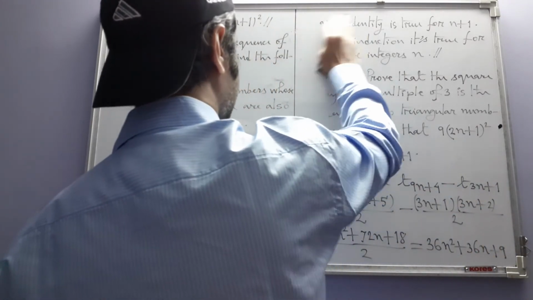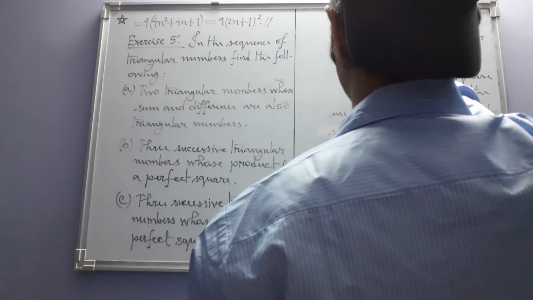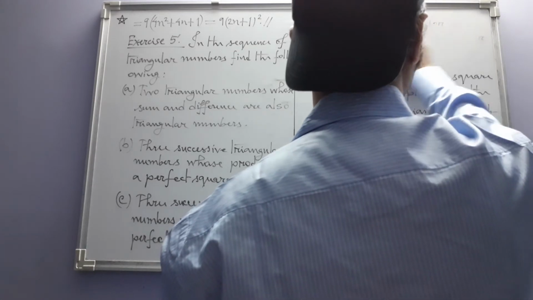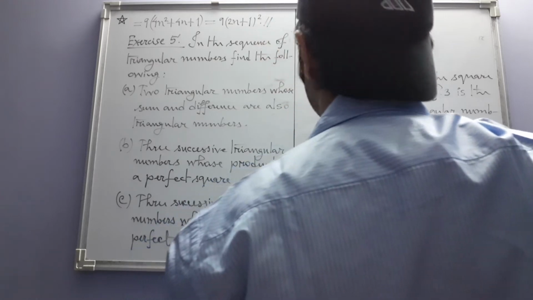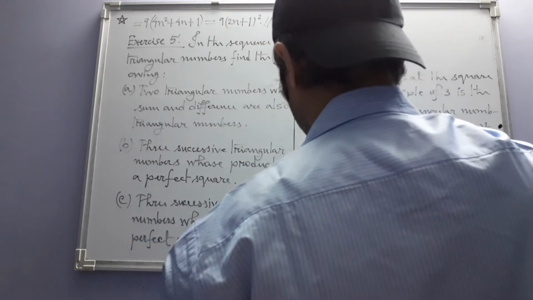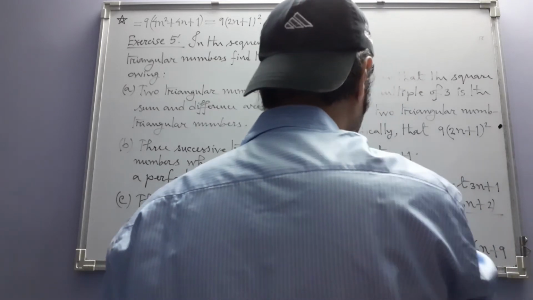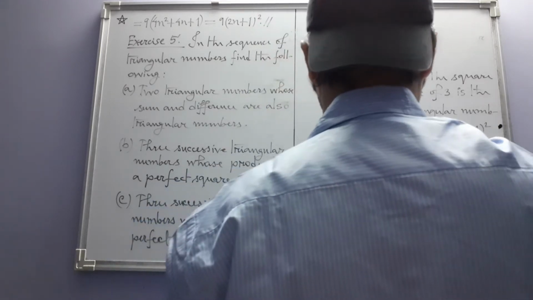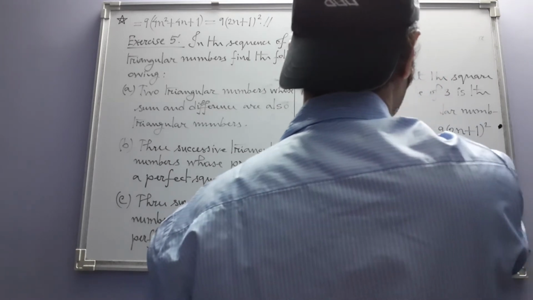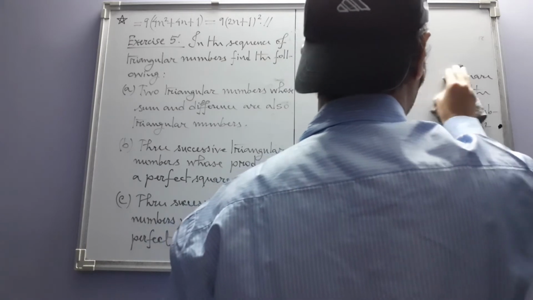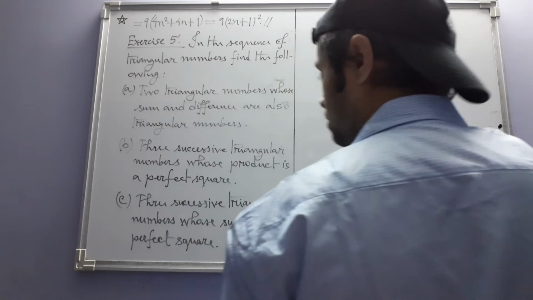So here it's just a matter of trying, looking at the first few triangular numbers and trying to come up with such examples. Usually it does not take much time. It's not unduly complicated, in the sense that if you spend some time on it, the first few triangular numbers will give you the desired examples.